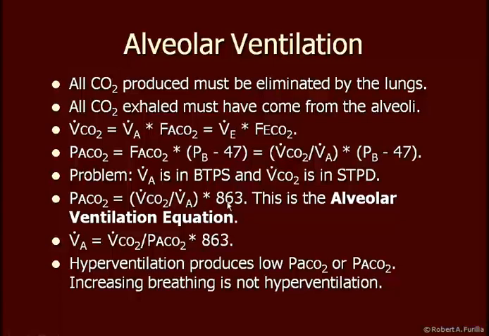You may actually find some books showing 0.863, and they do that because they usually measure V dot CO2 production in milliliters per minute, whereas they measure ventilation in liters per minute. There's a 1,000-fold difference, so they make the correction 1,000-fold smaller, therefore 0.863. I would always advise people to convert all units to the same before doing any calculations anyway.